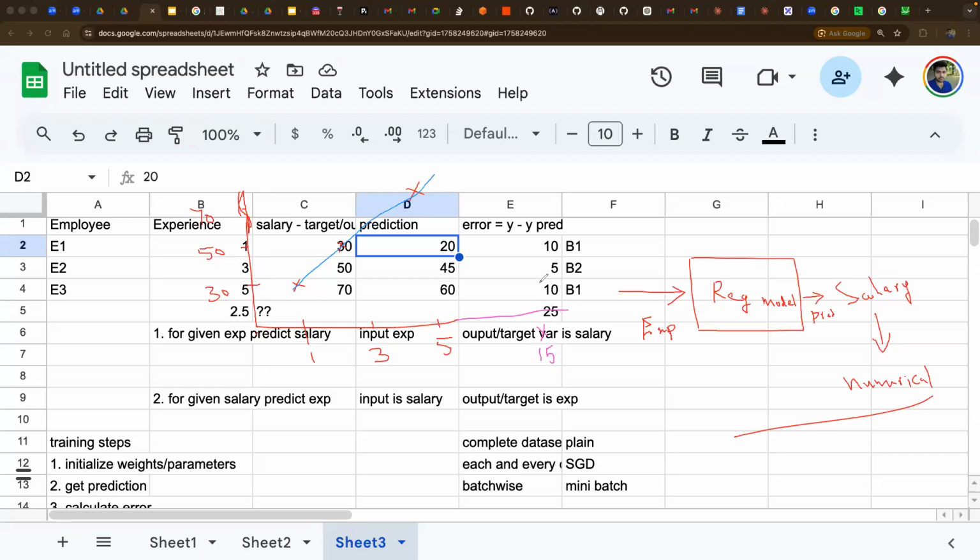Then you will draw a line like this and check where it is intersecting with this line, right? So basically what you are doing here is extrapolating this line, and wherever it meets, that is what would be the corresponding salary prediction for this 15 years experience using this model that you had come up with.